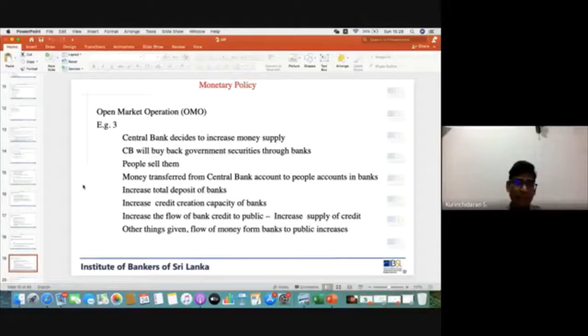Clear? So now, through open market operations, a central bank can decrease or increase the money supply. If the central bank wants to control inflation, they can decrease the money supply, right? Either way, the central bank tries to maintain price stability.